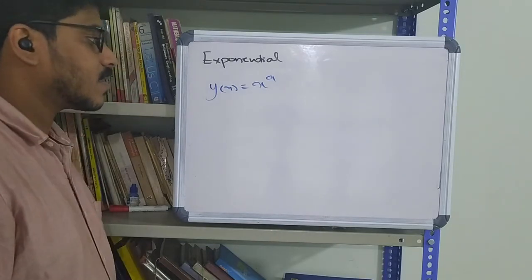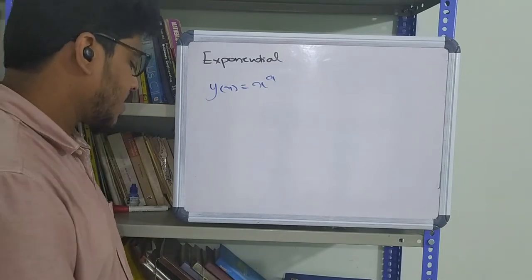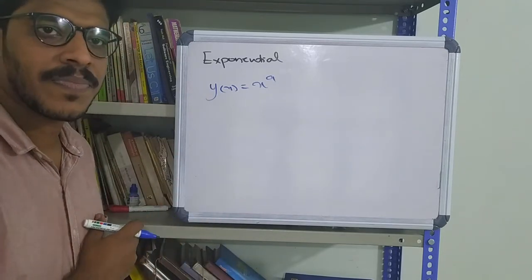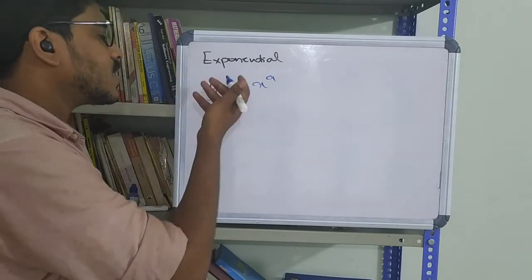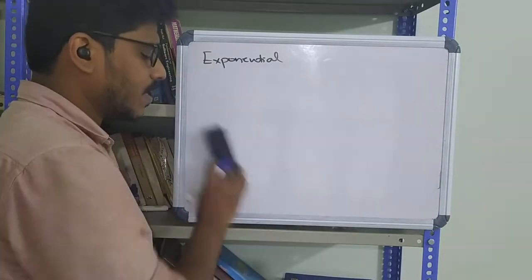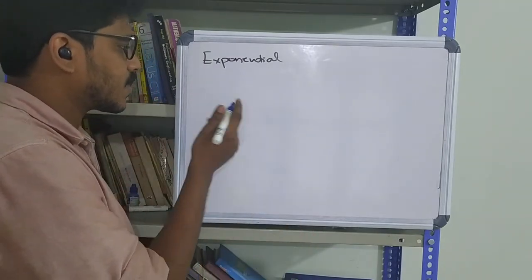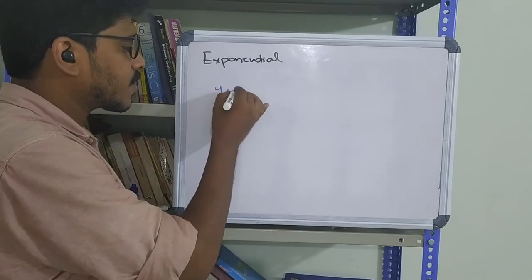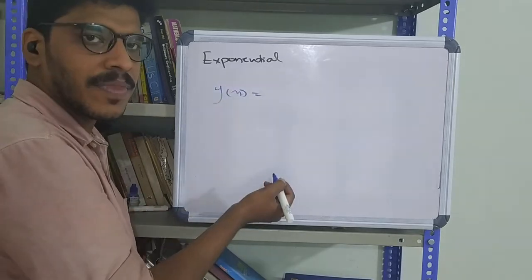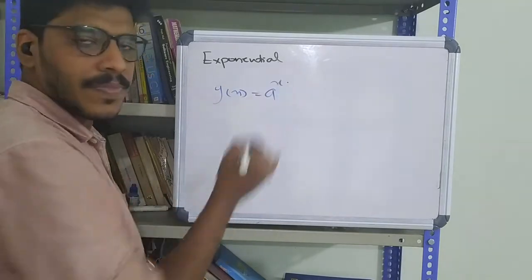So we have seen such power functions and we know how to conduct differentiation and other operations on power functions, right? But exponential functions have a difference, and that makes the behavior different from the power function. An exponential function is a function of the form y of x equal to a raised to x.